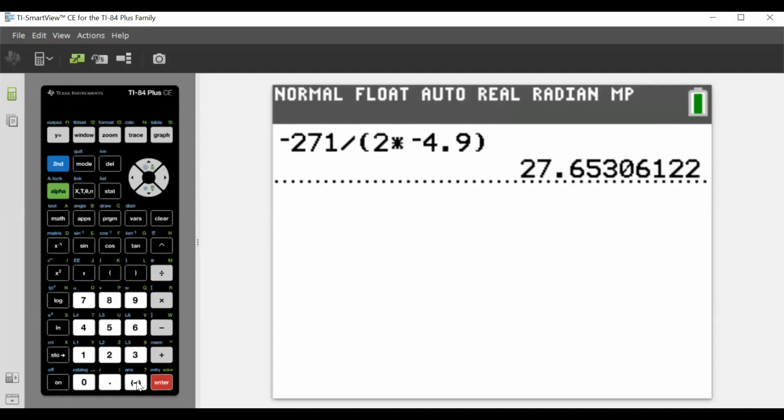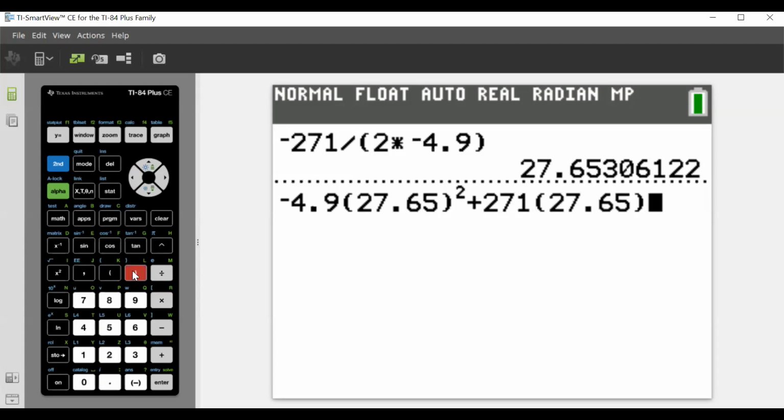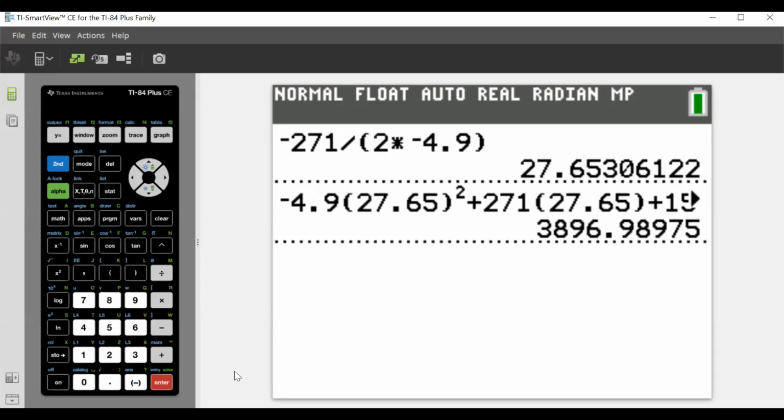And so we're going to have a negative 4.9 and then times 27.65, and we want to square that, and then plus 271 times, we can just put it in parentheses, 27.65, and then we had plus 150, and so we get 3896.989, round to 2 decimal places, so that'd be 3896.99.